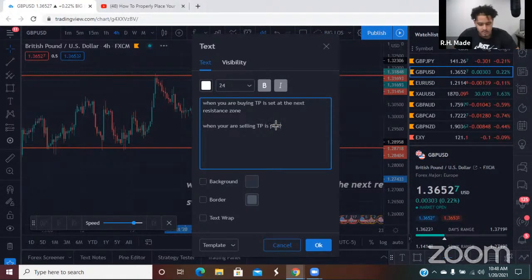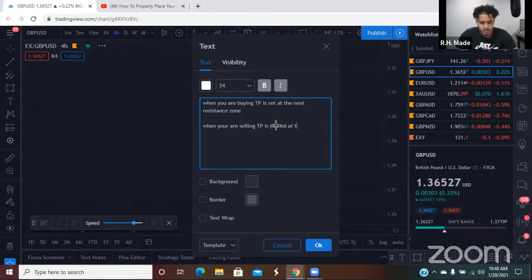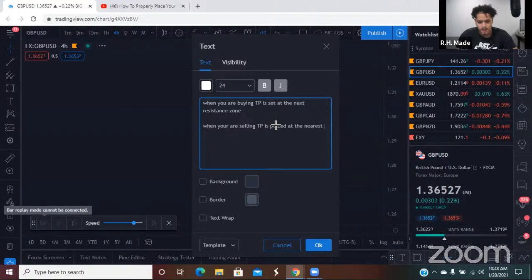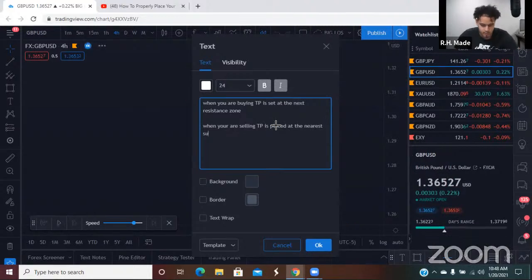When you're selling, take profit is placed at the nearest, okay, the nearest support zone.